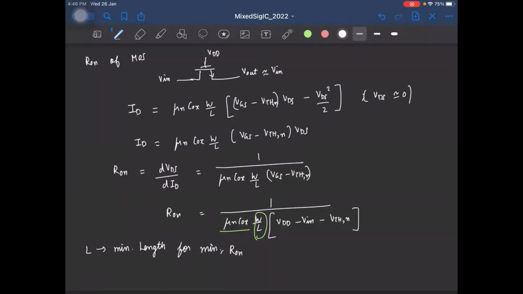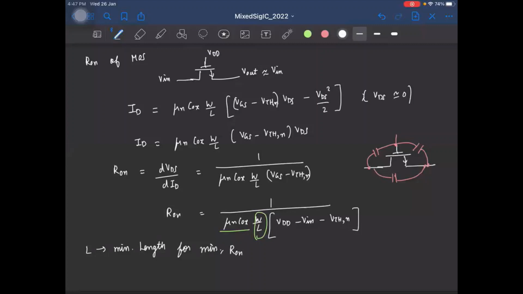And of course, you also see that if you want to reduce the on resistance, we can also increase the width. But when you increase the width, what happens? All the parasitic capacitance associated with the MOS also increases. As a result, the non-idealities that we discussed earlier, that is the clock feedthrough or the hold mode leakage, everything will start to dominate.